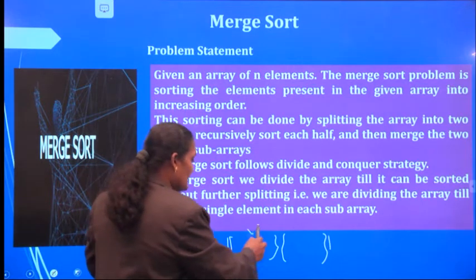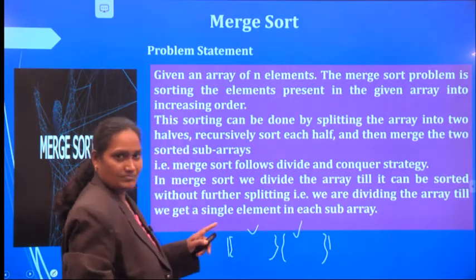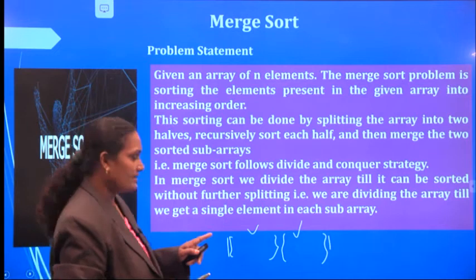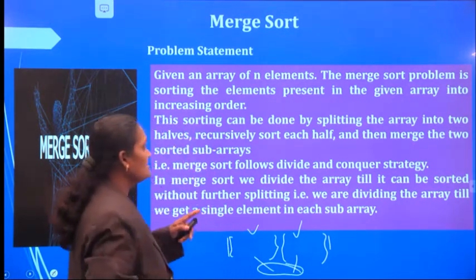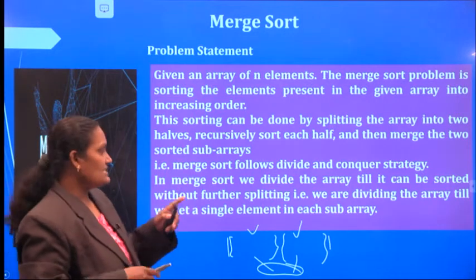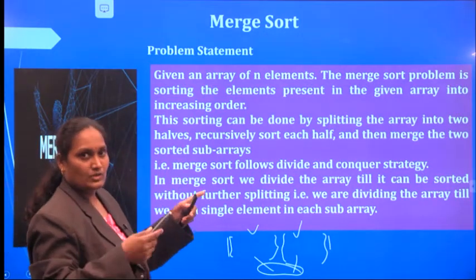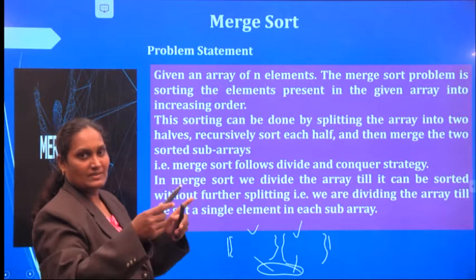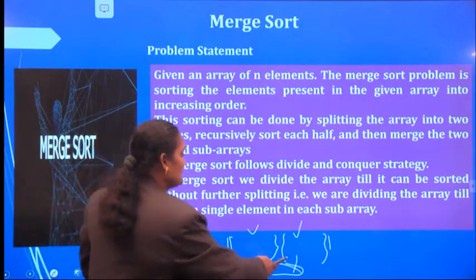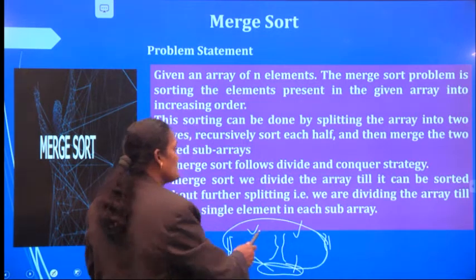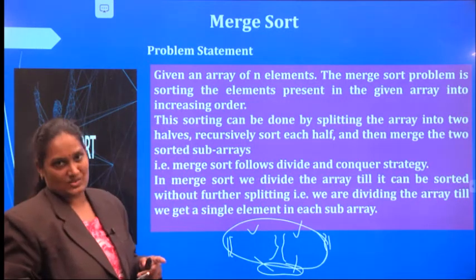These two subarrays are recursively sorted, and finally they are merged to get the sorted array. Since we are dividing the problem into subproblems, solving them and combining the solutions, the merge sort procedure follows the divide and conquer strategy.